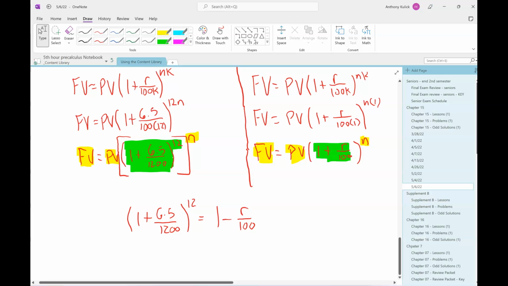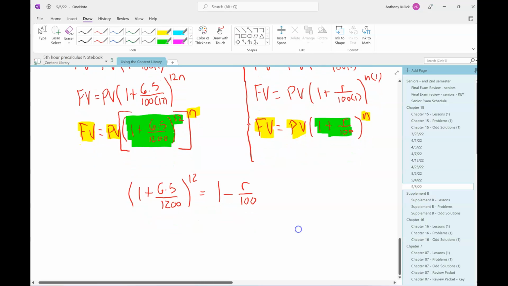So to get the R by itself, what do I have to do? Subtract the 1, and then, well, negative 100, right? Oh, sorry. I don't know why I wrote down a negative sign there. It shouldn't have been a negative sign. It's supposed to be a positive sign. So just multiply by 100.